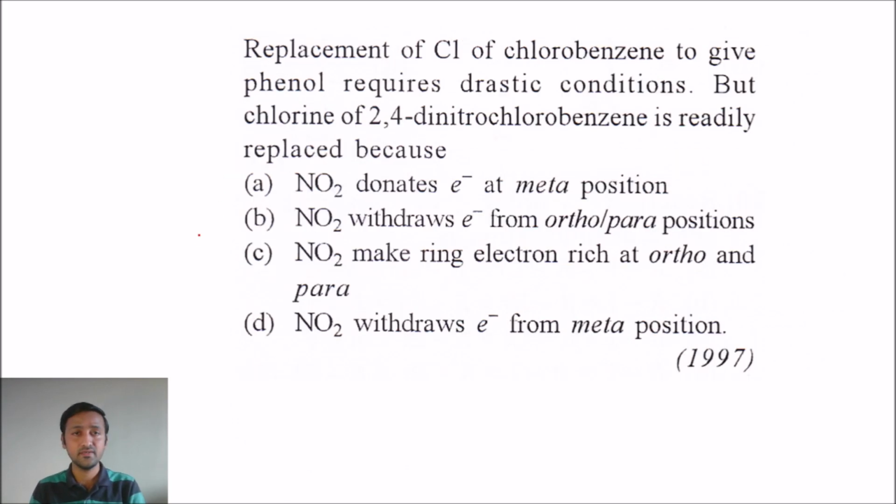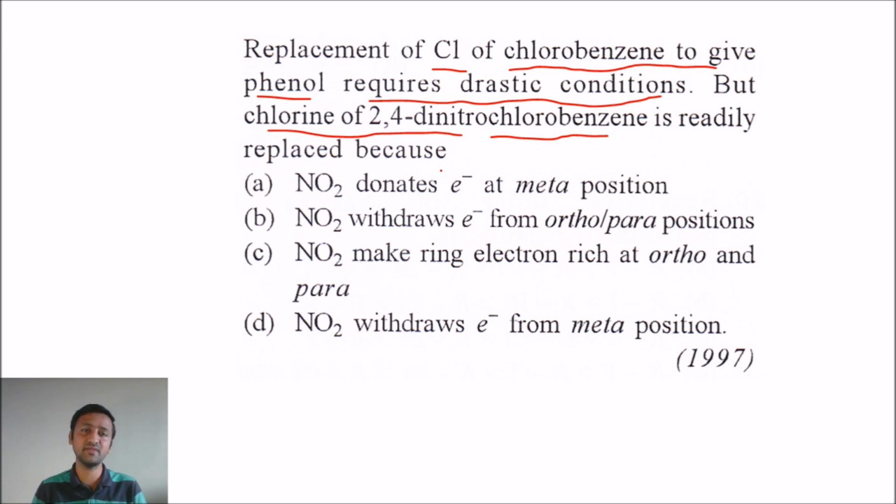Next one now. Replacement of chlorine of chlorobenzene to give phenol requires drastic conditions, but chlorine of 2,4-dinitrochlorobenzene is readily replaced because of... This is directly explained in the NCERT book.